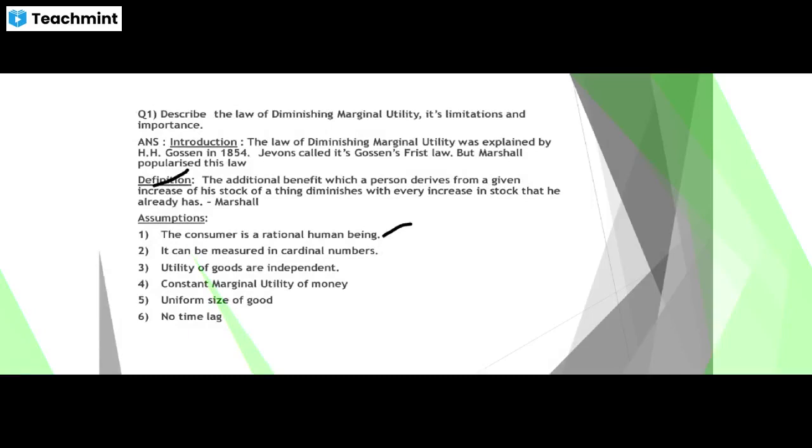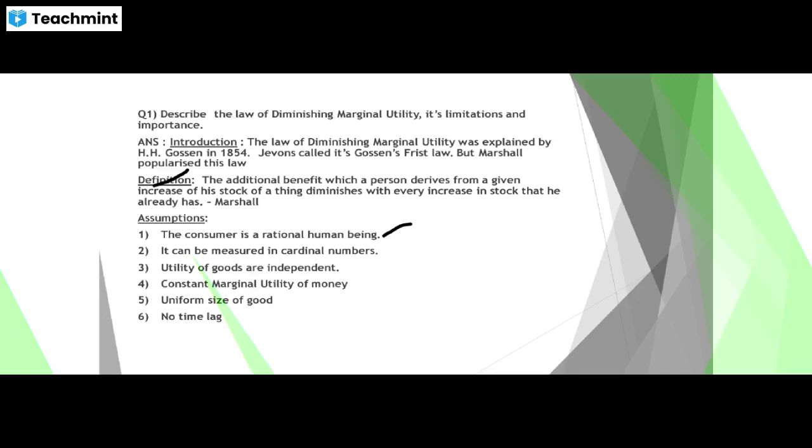And the second one is that utility can be measured in cardinal numbers. That means the utility which we get by using goods can be measured in numbers, like by using one apple I'm getting 10 utils, or by using one mango I'm getting 20 utils of satisfaction.